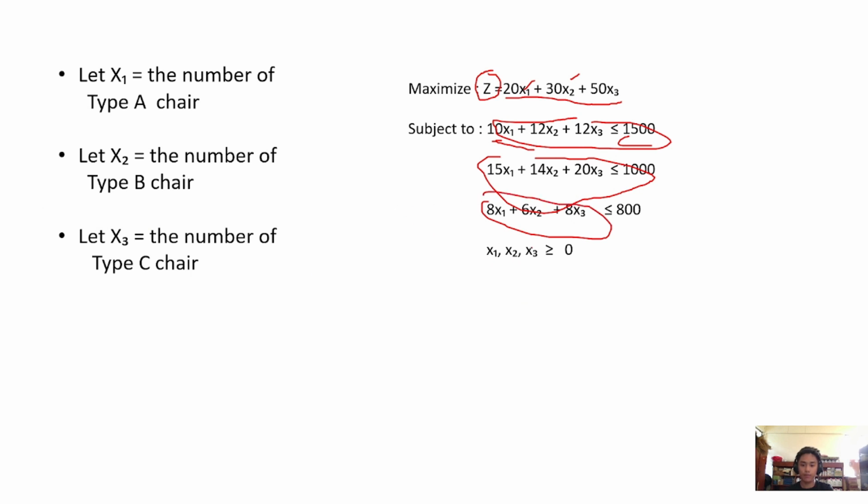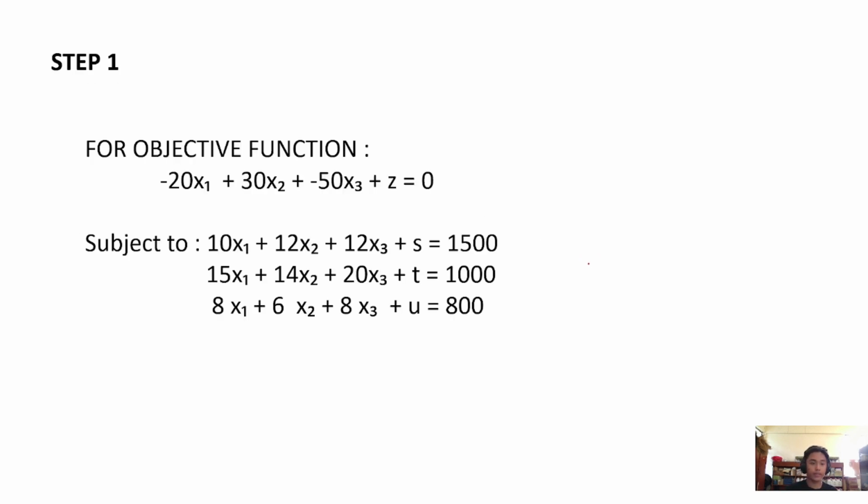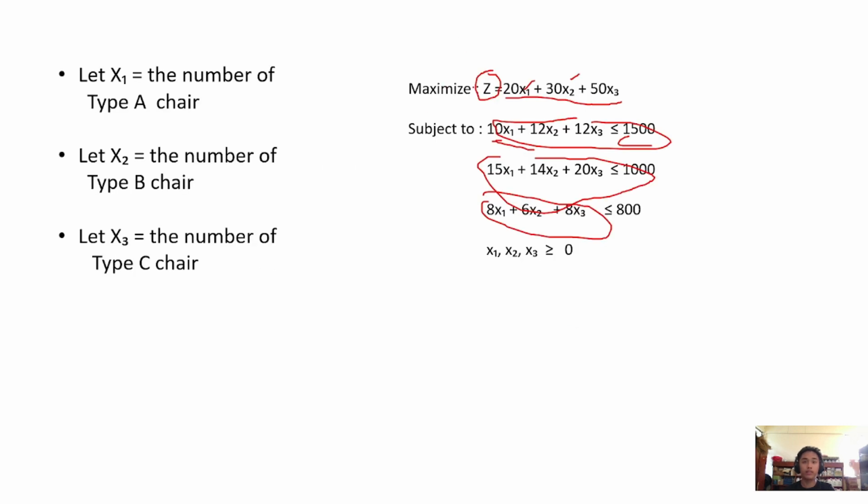x sub 1, x sub 2, x sub 3 is greater than 0. So, step 1. For objective function, nag-transpose, di ba dito yun kanina? Nag-transpose tayo dito sa x3.